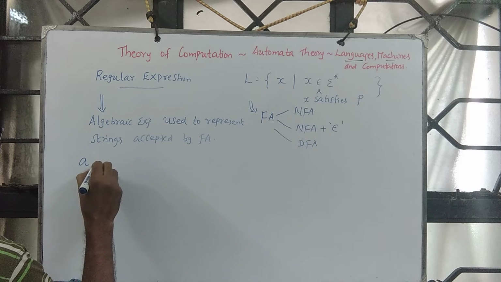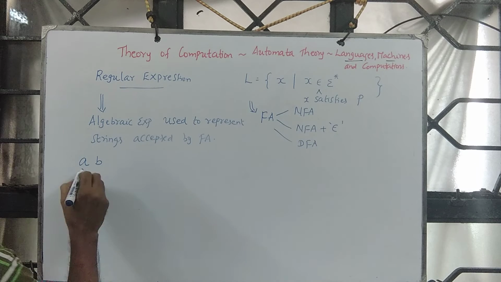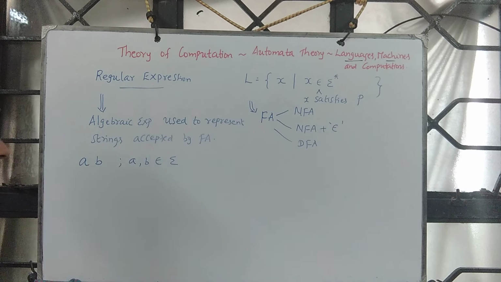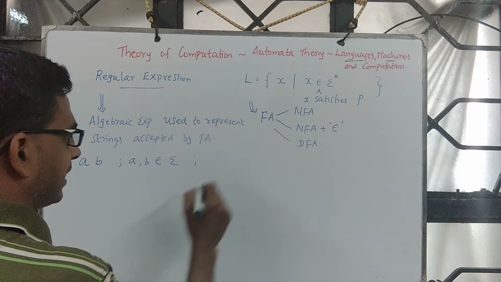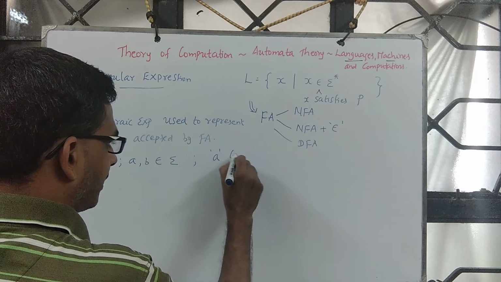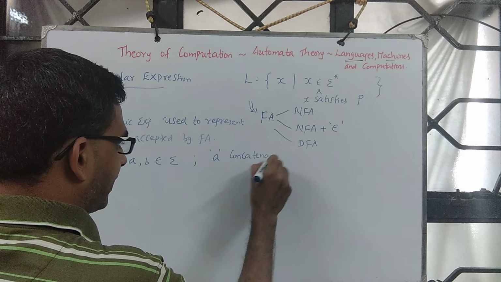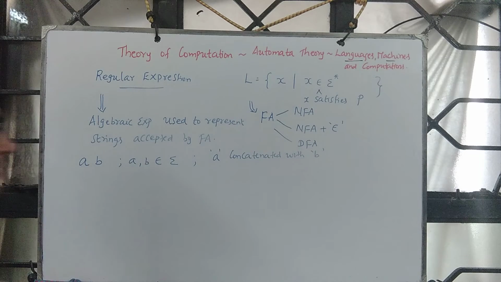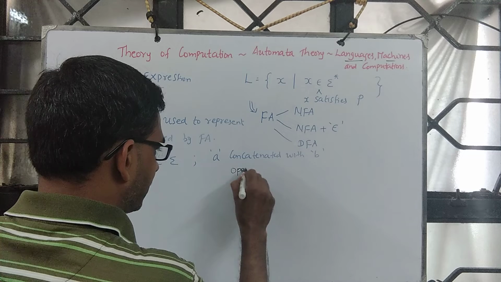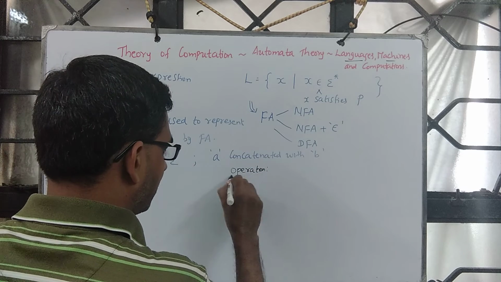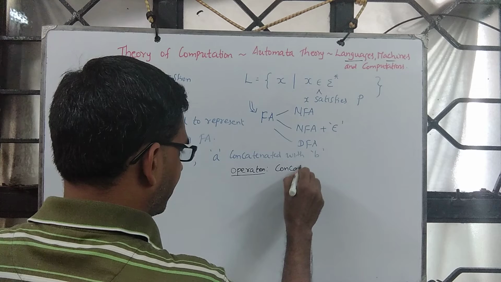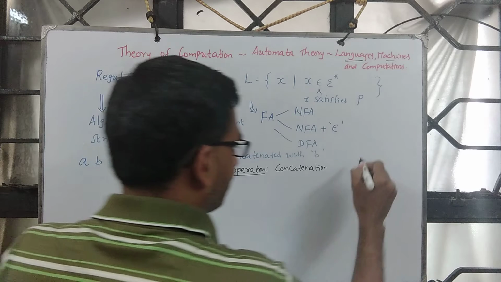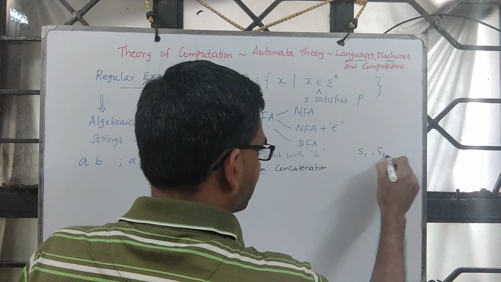So when we say AB, A is a symbol, B is a symbol, AB belongs to sigma. One can also interpret this as A concatenated with B. Concatenation is an operation. In general, we are given two strings S1 and S2.